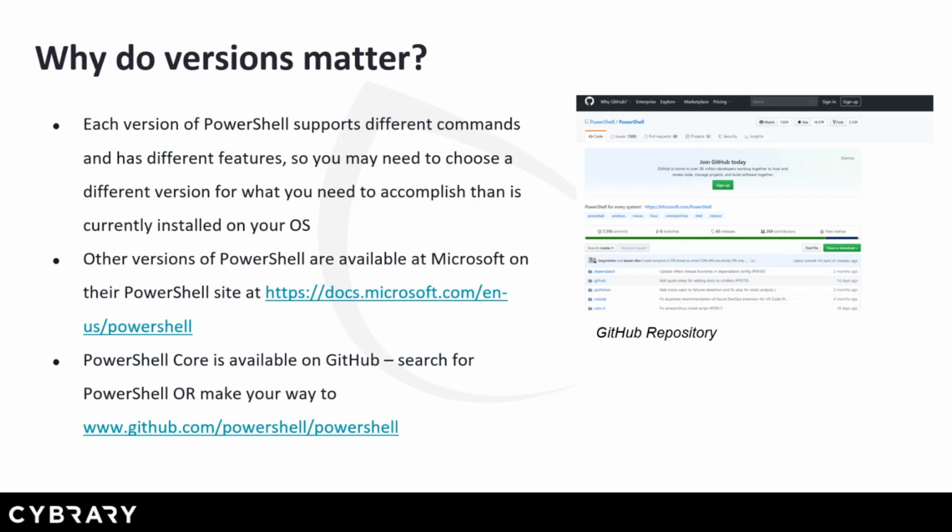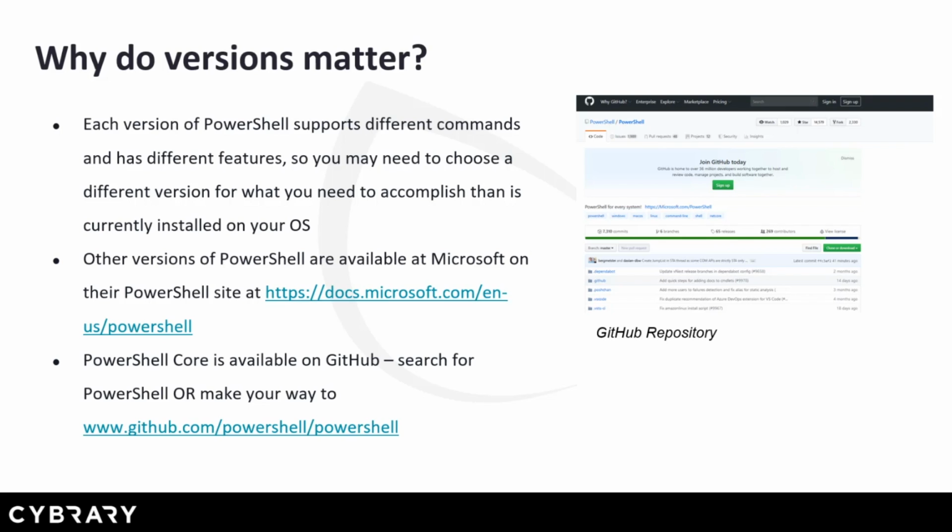Now, why does versioning matter? Well, there's an issue with versioning. Each version of PowerShell supports different commands and different groups of features. So you might need to choose something different for what you need to accomplish than what is currently with your operating system.